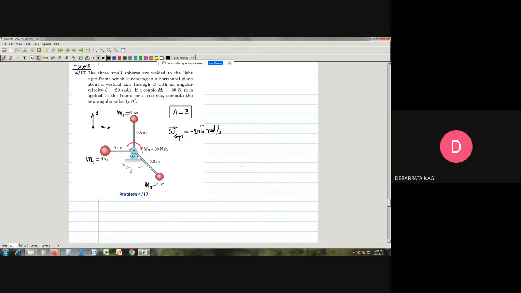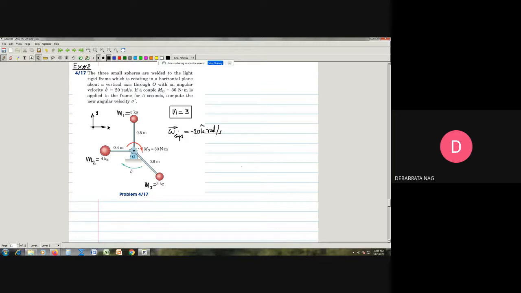The initial angular velocity is given, and this constant torque of 30 Newton meter is applied onto this system continuously for 5 seconds, and we need to calculate the new angular velocity of the system.